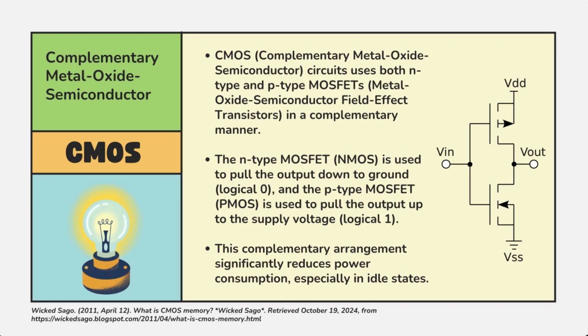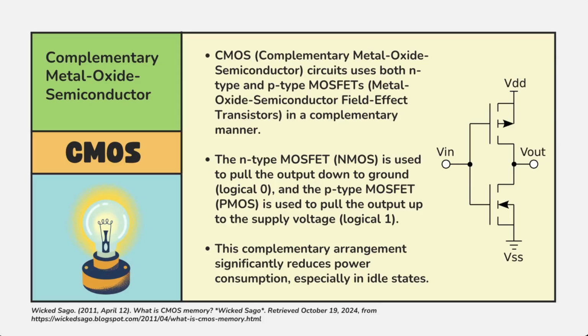Complementary metal oxide semiconductor, or CMOS. A CMOS circuit uses both N-type and P-type MOSFET, or metal oxide semiconductor field effect transistors, in a complementary manner.